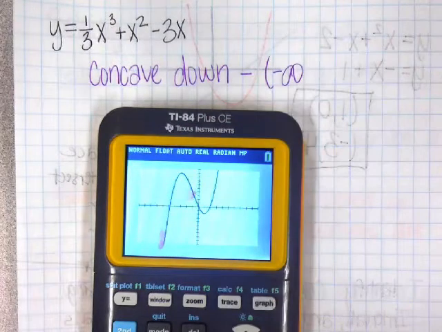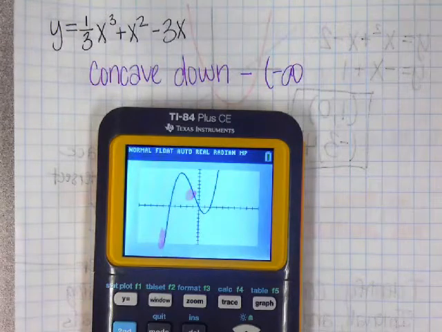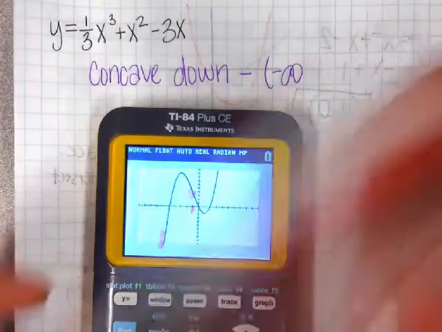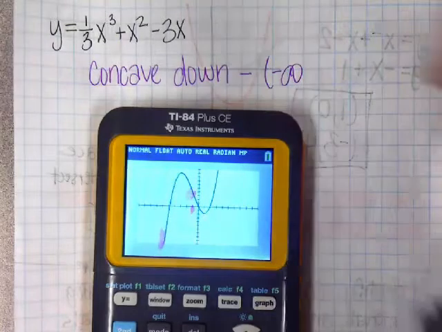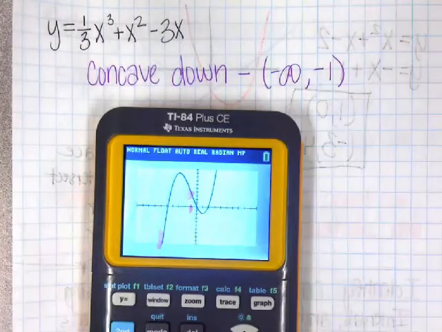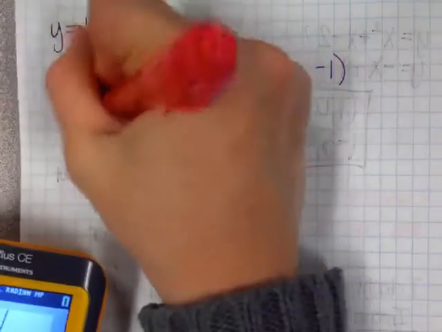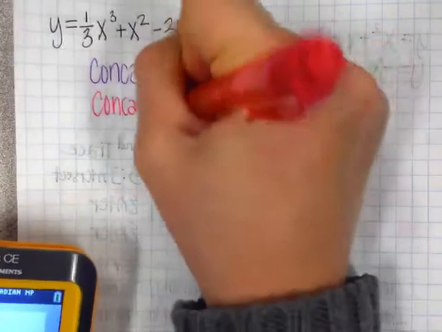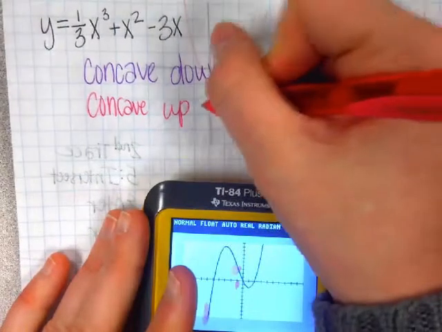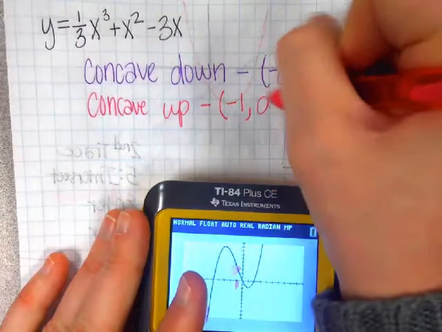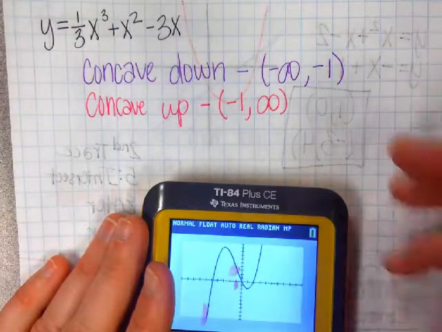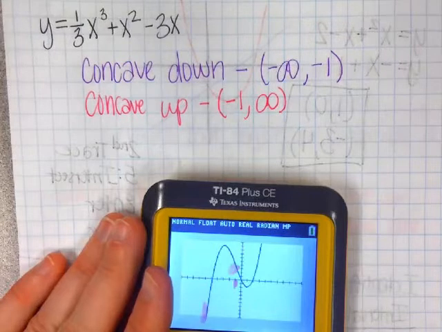And then it switches, that's that point where it switches from being concave down to being concave up. So that's that inflection point. So it looks like it's at 1. So it's concave down from negative infinity to negative 1. And it's concave up from 1 to infinity, or from negative 1 to positive infinity. Remember, you always put the smaller number first, saying that it's going from 1 to infinity.